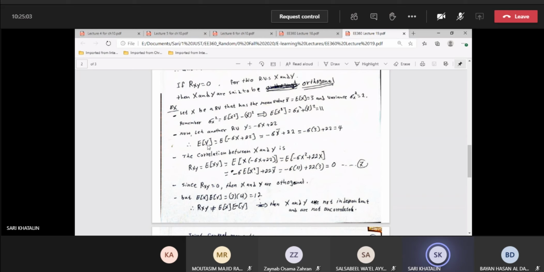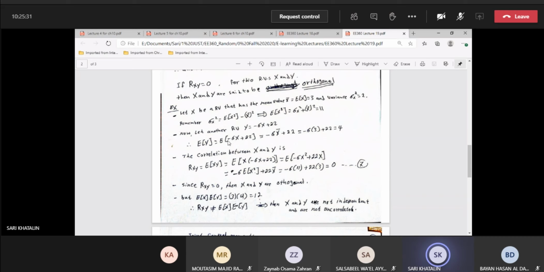Okay, and let's assume that we have another random variable y in terms of x, where y is equal to minus 6x plus 22. Which means we can find the expected value of y, which is the expected value of minus 6x plus 22.